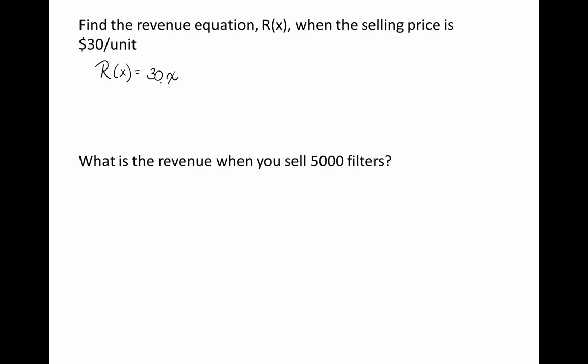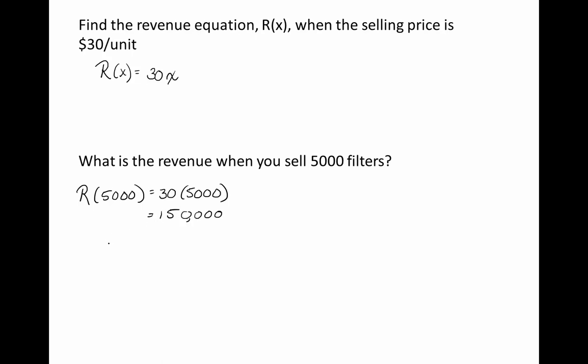Number 5 says, what is your revenue when you sell 5,000 filters? So you take the revenue equation that we just found, substitute 5,000 in for x, so we'll get 30 times 5,000, and when we multiply that out, we'll get $150,000.